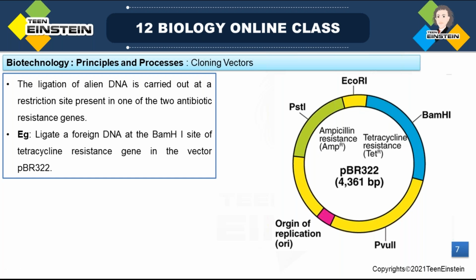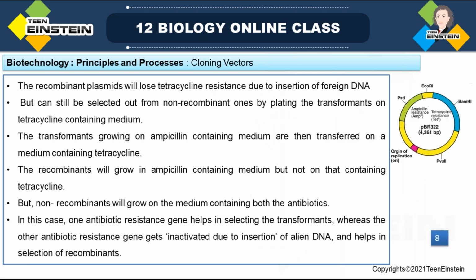Got it? Here we said in the pBR322 vector, we can ligate the foreign DNA at the BamHI site for tetracycline resistance. At this site, we can make a cut and insert the foreign DNA.